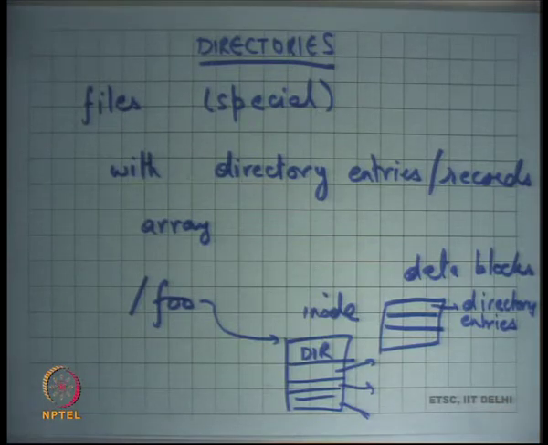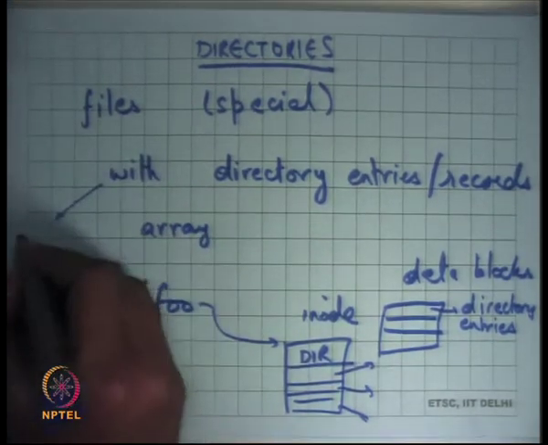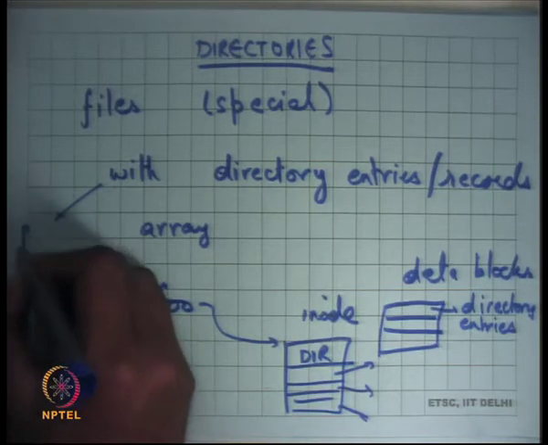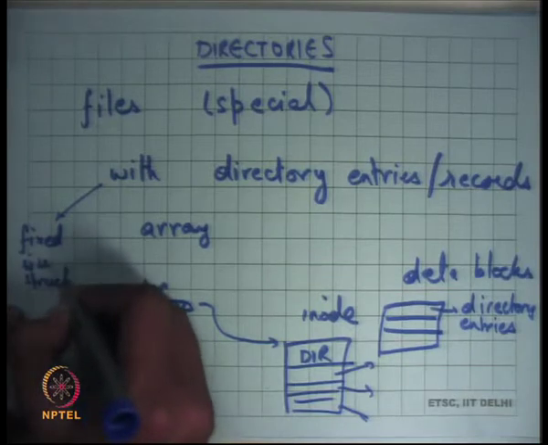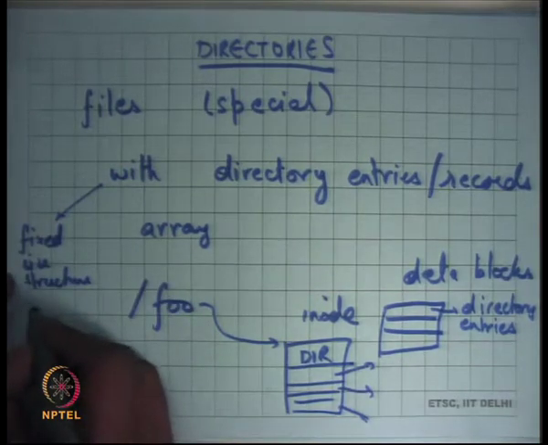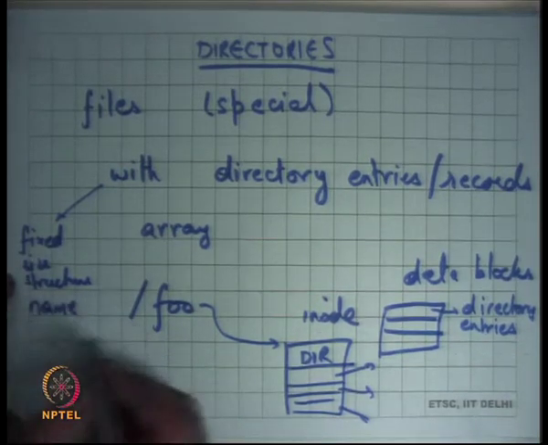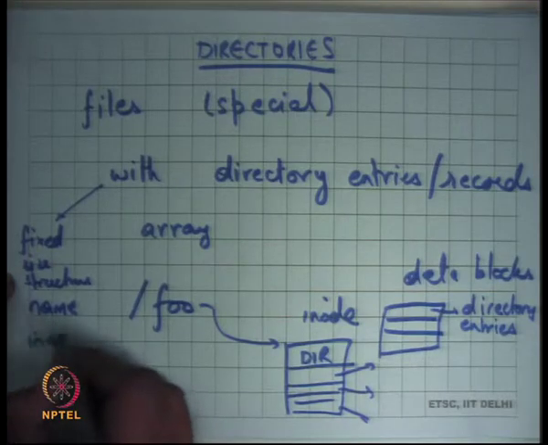Right? And directory entries on x86 are represented by a fixed size structure which contains two fields, name and inode number.